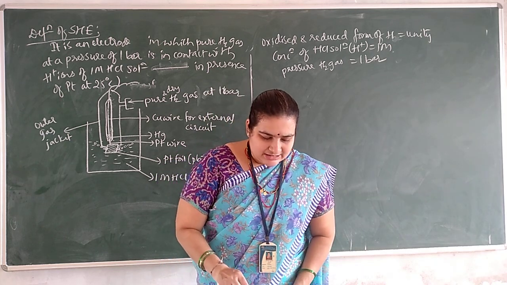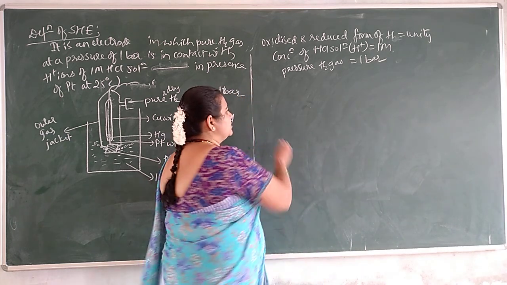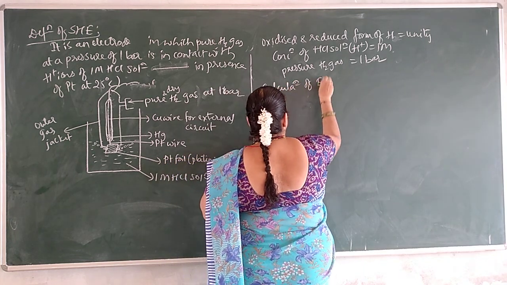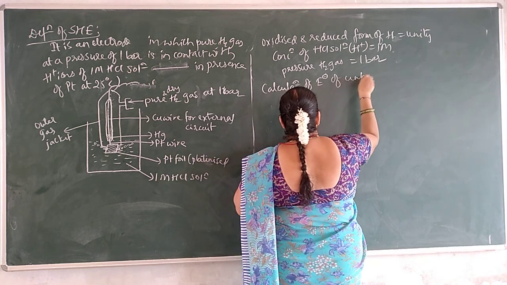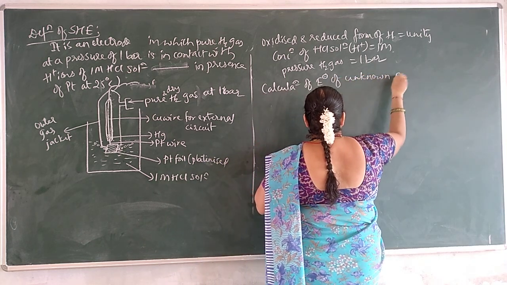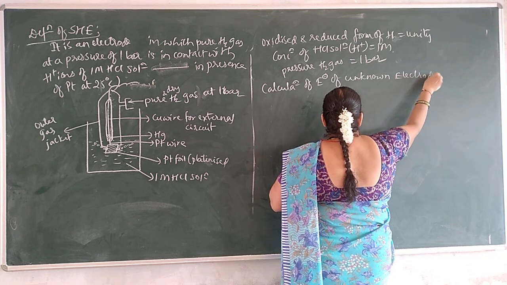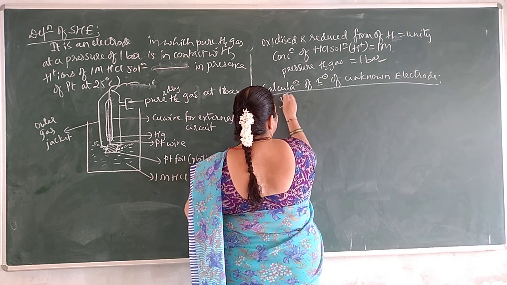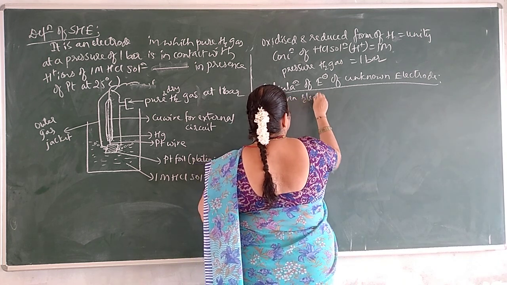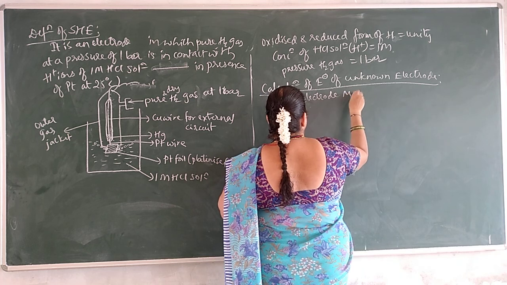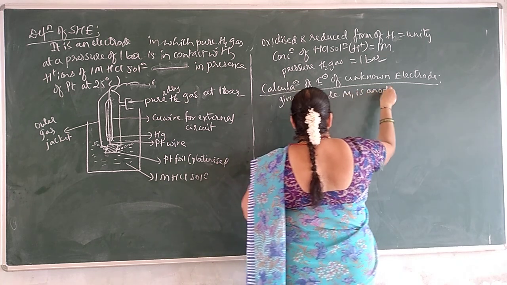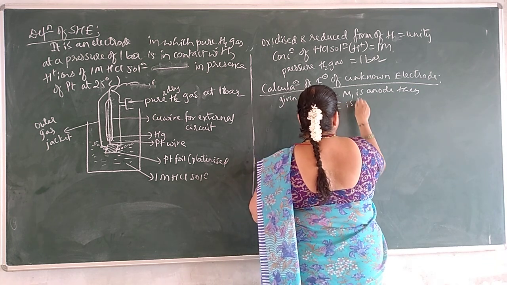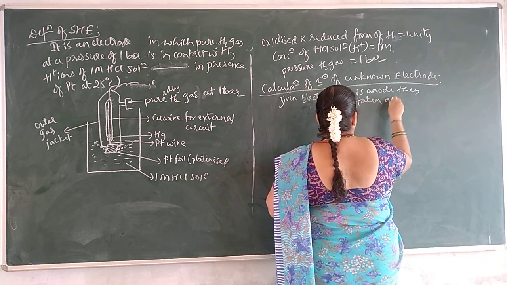Now, the calculation of electrode potential of an unknown electrode. Here the given electrode M1 is taken as anode, then SHE is taken as cathode.